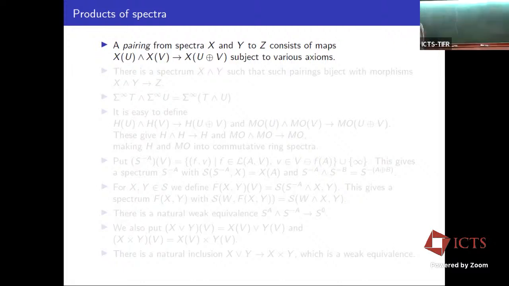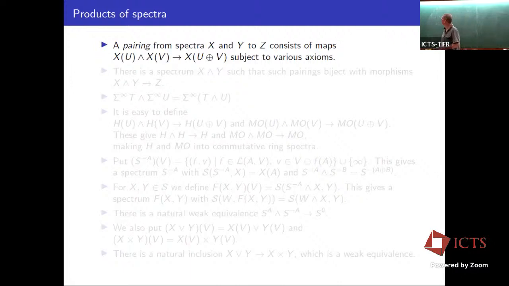So M tensor N, what is that? That is basically defined by the property that the point about the tensor product is that homomorphisms from M tensor N to T biject with bilinear maps from M cross N to T.